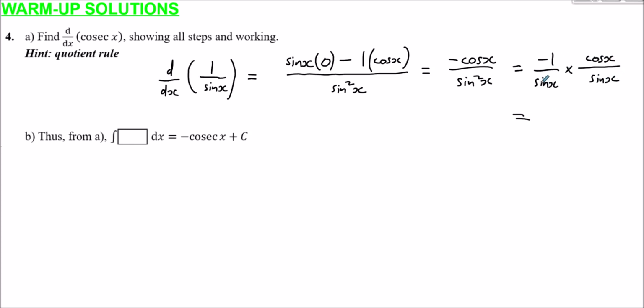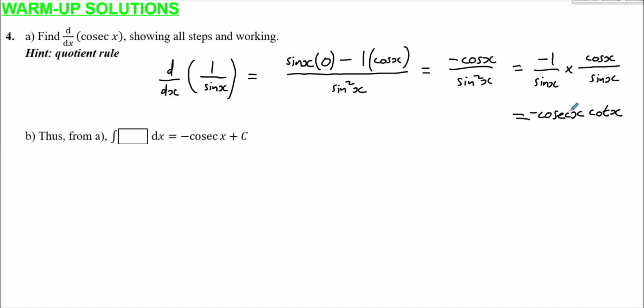Now minus 1 over sine is going to be negative cosec x, and cos over sine, of course, is going to be cot, so then I multiply by cot x. So we've got minus cosec x times cot x. So what this means is, if I were to differentiate cosec, I get minus cosec cot.